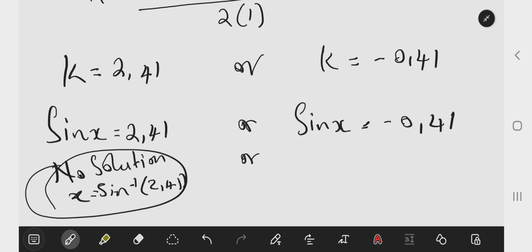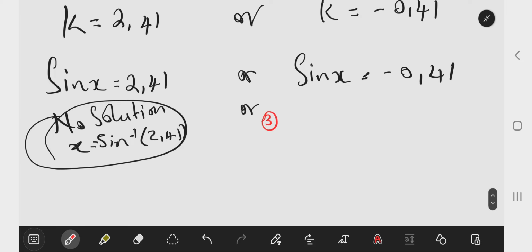Then asiqhubeke siye ngale, nasibheka la sine x is equals to negative 0.41. So since usine are negative, it means i-general solution yethu izoba ku-third quadrant, because usine negative ku-third quadrant na ku-fourth quadrant, right? And ukhumbule ku-third quadrant it's 180 plus, right?